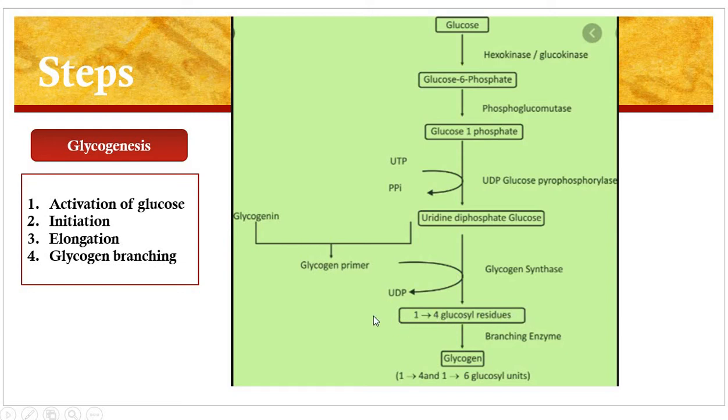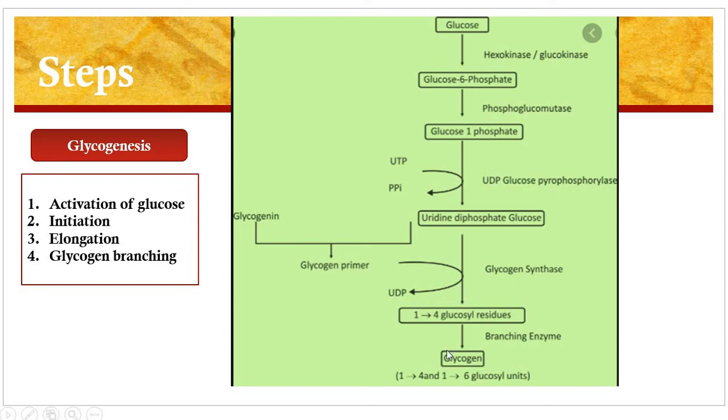For example, if there is a chain of 11 to 12 glucose molecules, then what will happen? From the end, 6 to 8 glucose molecules will come and attach here to produce branching and 1,6 linkage.